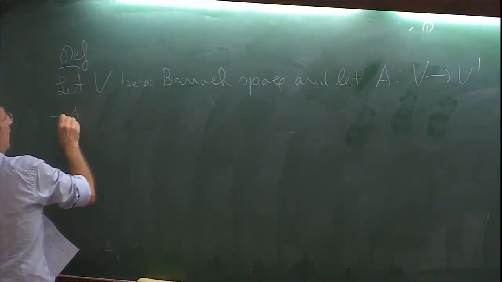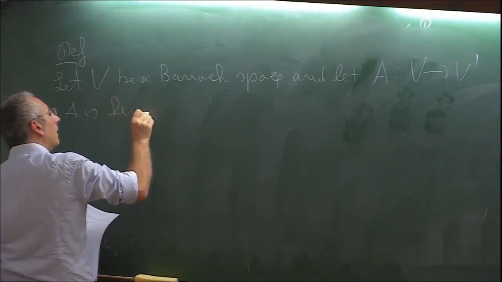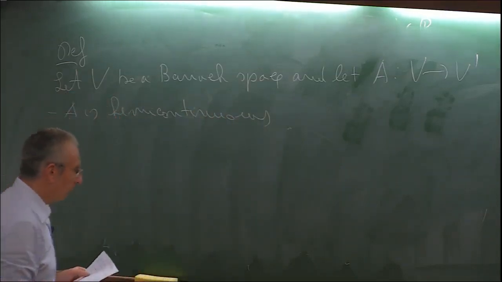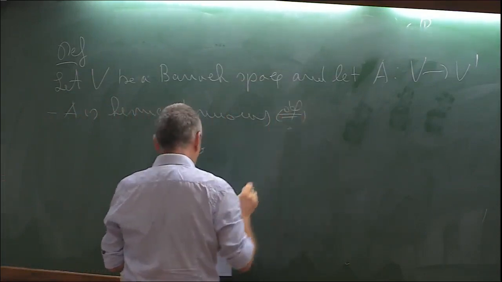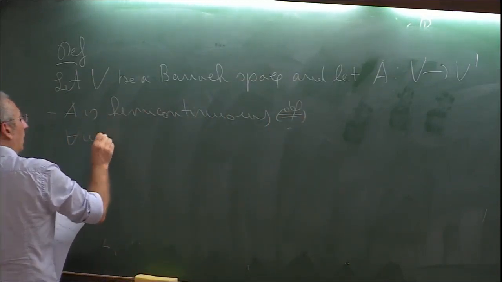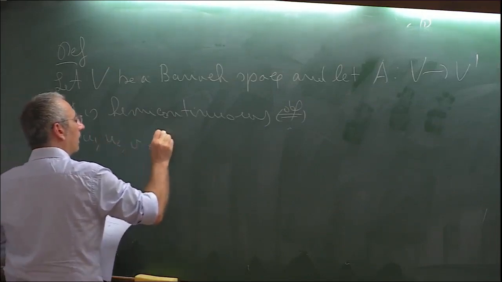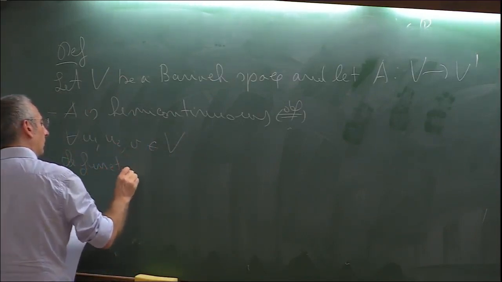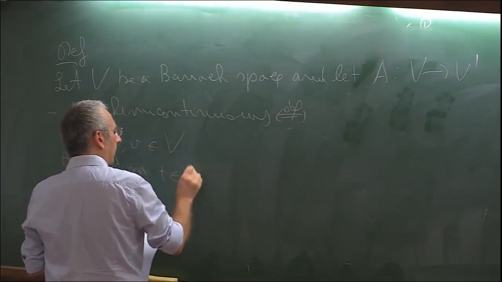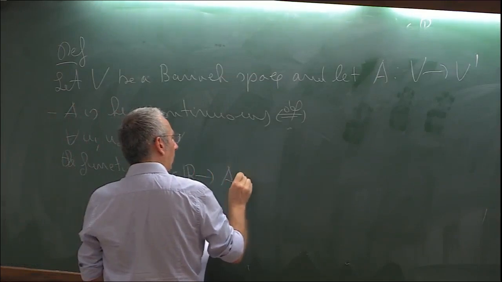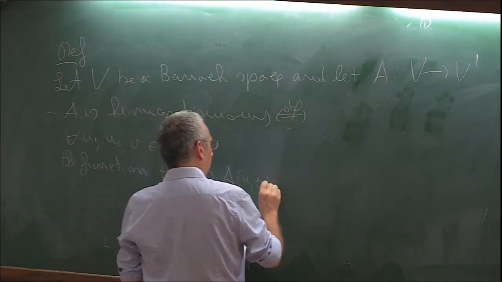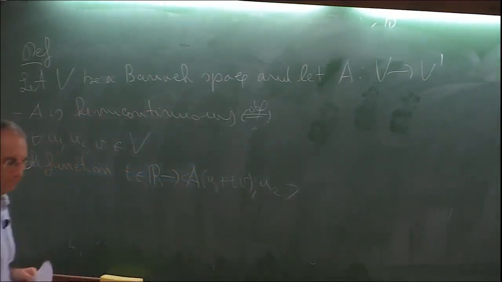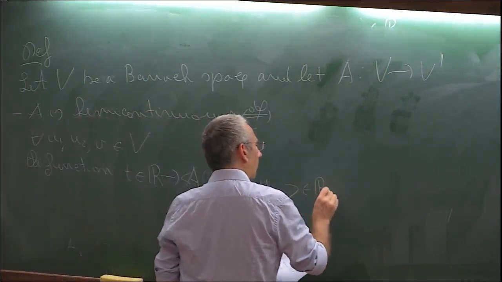We say that A is hemicontinuous, by definition, if and only if for each u1, u2, v belonging to V, the function t belonging to R, assigned to the duality pairing of A of u1 plus t v with u2, is continuous.